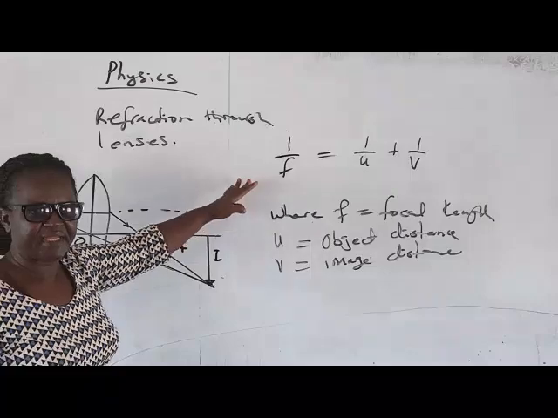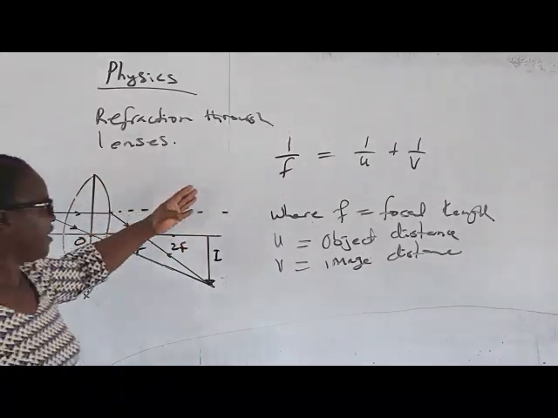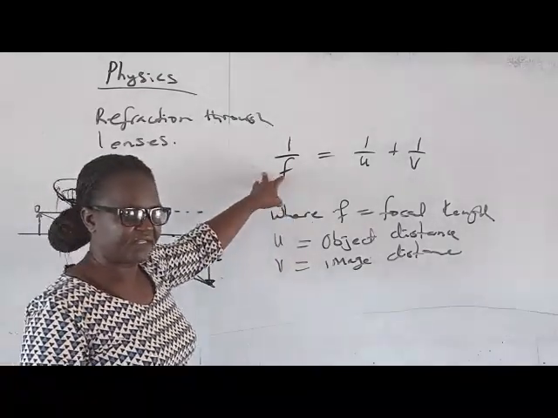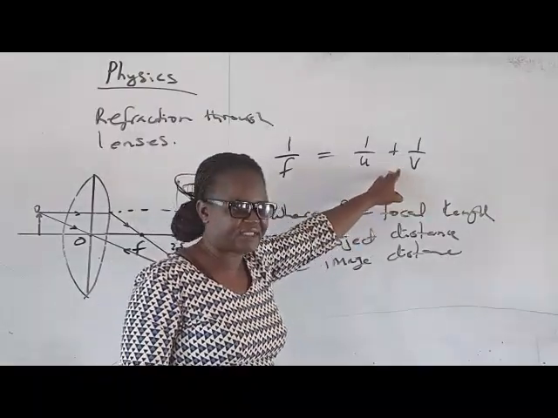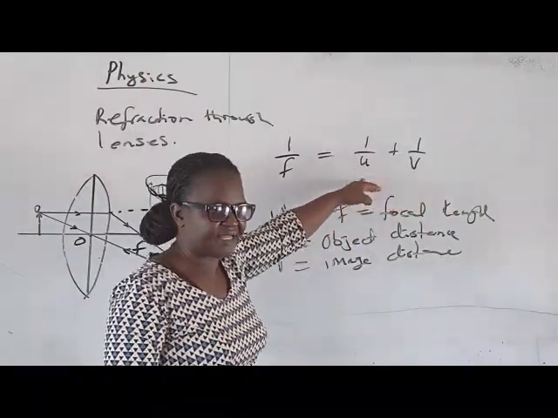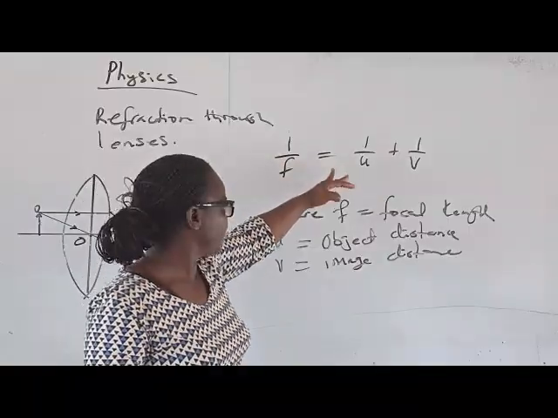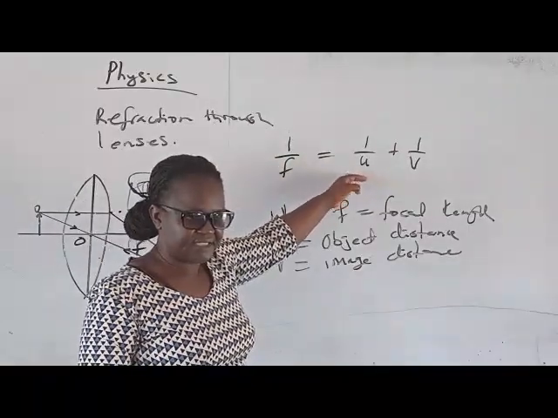So from here, if you are given, for example, the focal length of the lens and the object distance, you can easily find the image distance. If you are given the image distance and the focal length, you find what? The object distance.